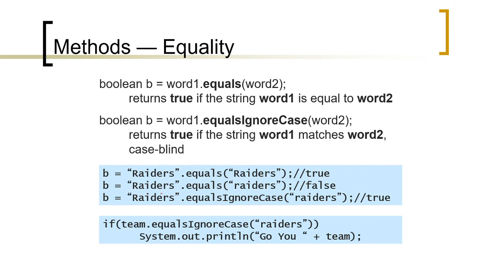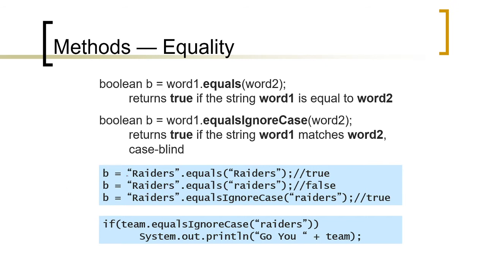Because with equals, uppercase A and lowercase a are different. If we have discussed it in our previous programming course, the character A in uppercase is different from lowercase. Okay?